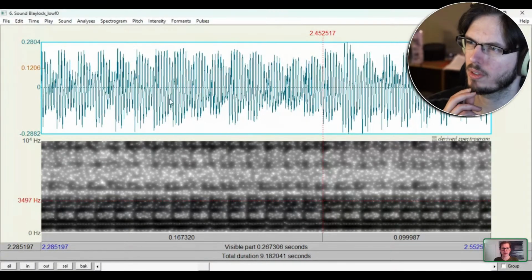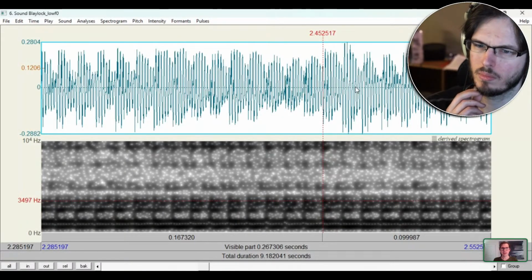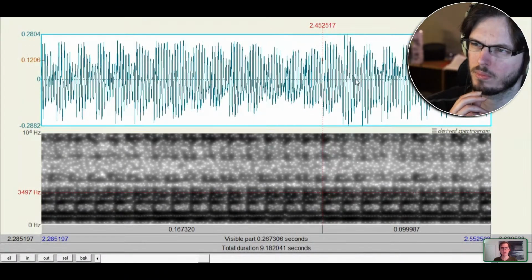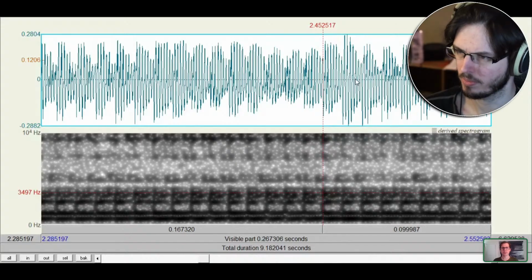Yes. All right. So on the top is one view of sound called a waveform, and the waveform shows how pressure changes over time as sound moves through space.